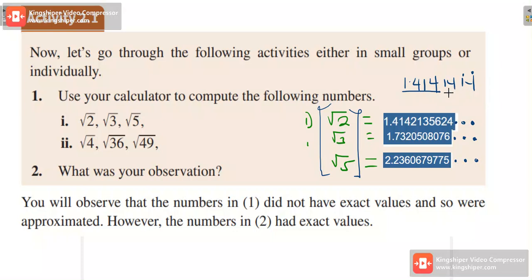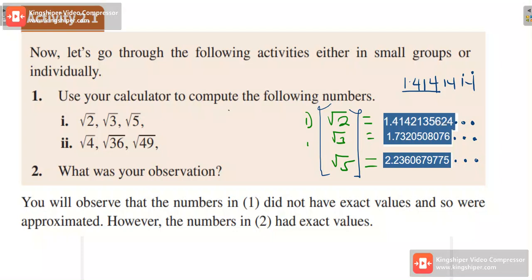For a decimal to be a set, that decimal has to be, one, non-recurring. It means that the decimal value shouldn't have a specific order. It should be non-recurring, and it also has to be non-terminating.